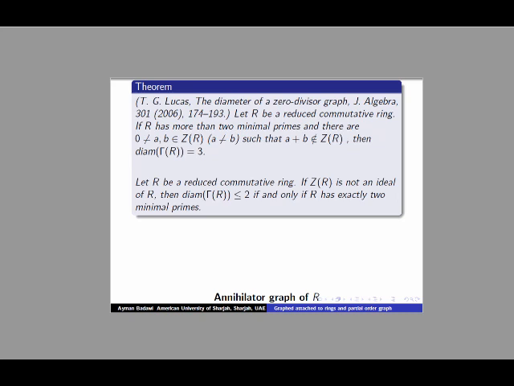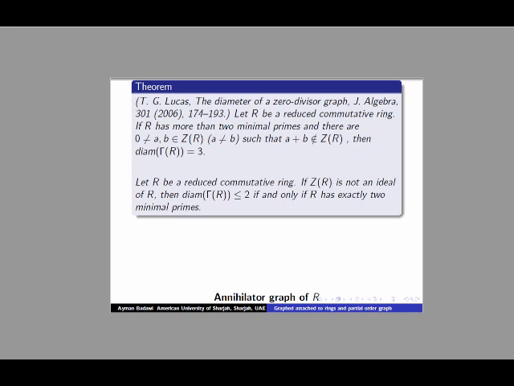Okay, so look at this result here. If the ring is reduced and the zero divisor set is not an ideal, then the diameter is always less or equal to 2 if and only if R has exactly 2 minimal prime ideals. What does that mean?